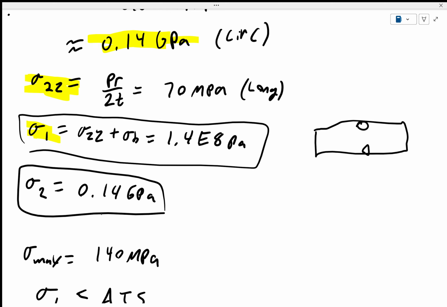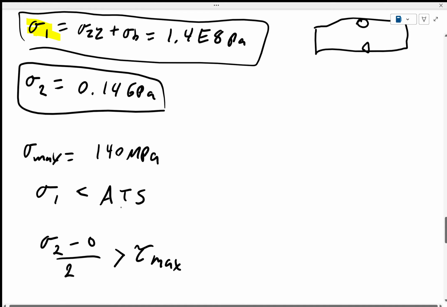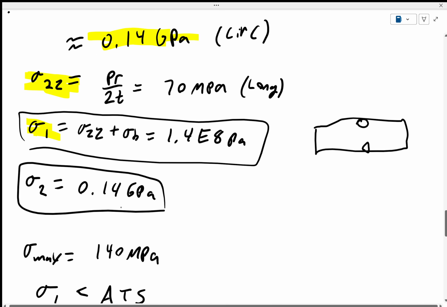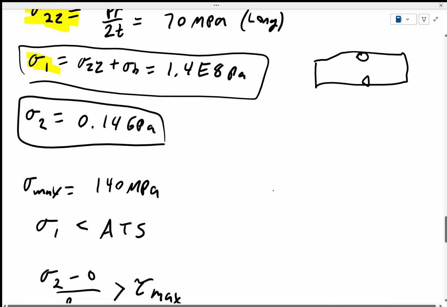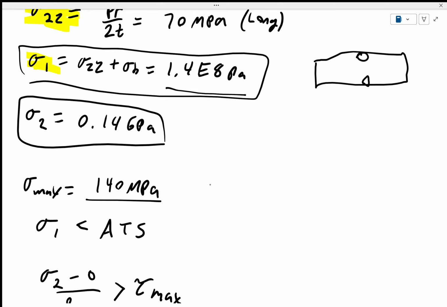For sigma 2, in terms of tension, we can imagine it as tension when we look at that hoop. And so sigma max is 140 megapascals, which is just relating to that answer up here.